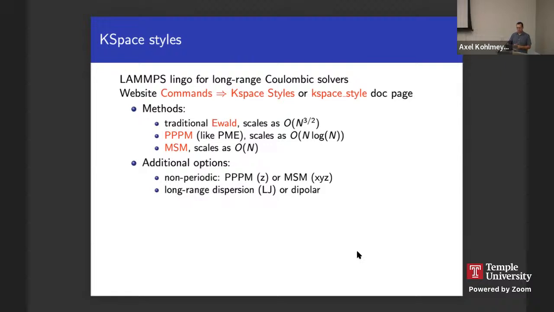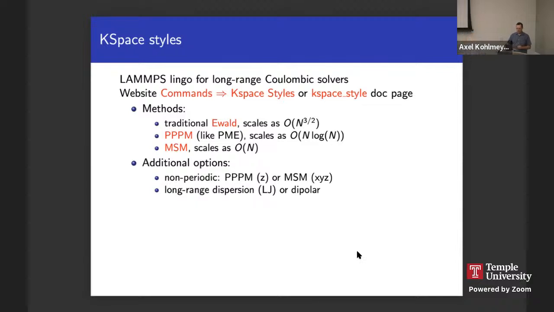That scales as order N log N. And there's also a multilevel summation method, MSM, which scales as N. Typically you're going to use PPPM, but there are some other options. For non-periodic boundaries, you can use PPPM for the non-periodic case. With MSM, you can use non-periodic in all 3 dimensions.